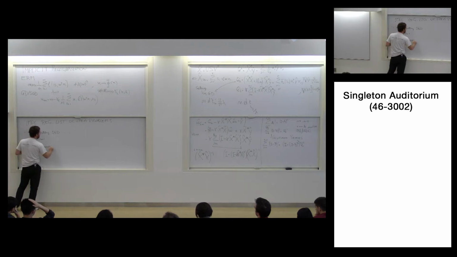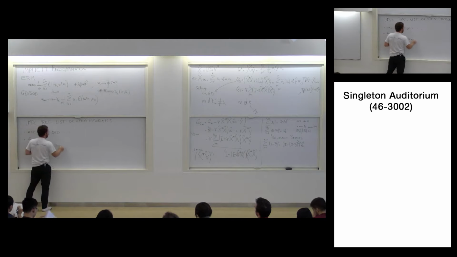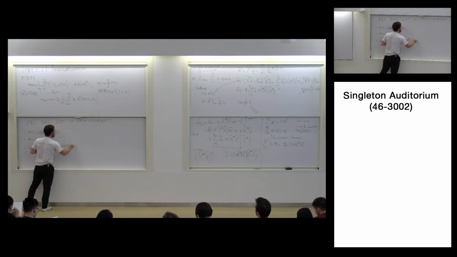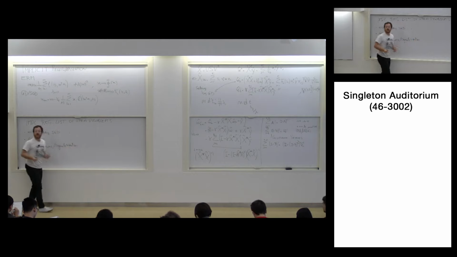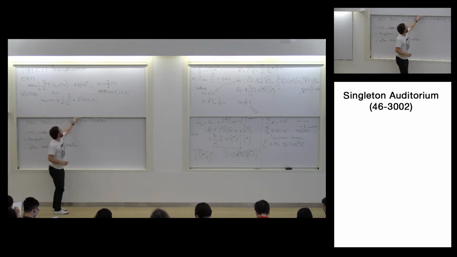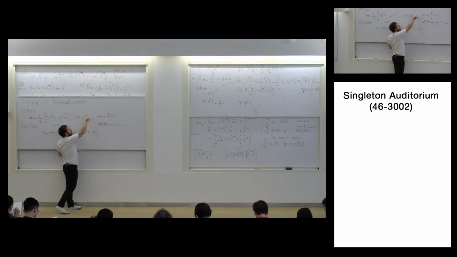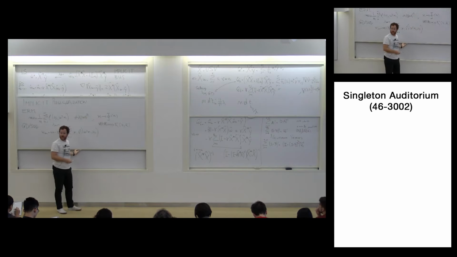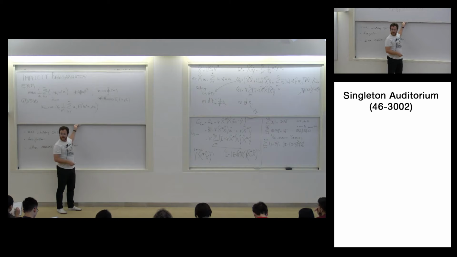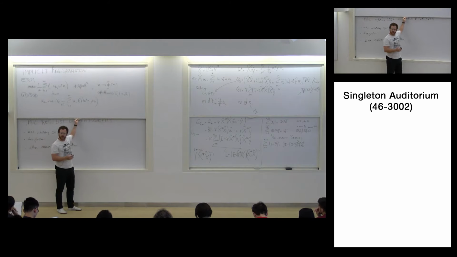Another question is, are there other norms or regularization? What I mean here is, we didn't discuss this at all, but what if I want to use another norm rather than the square norm? That's also only partially studied.